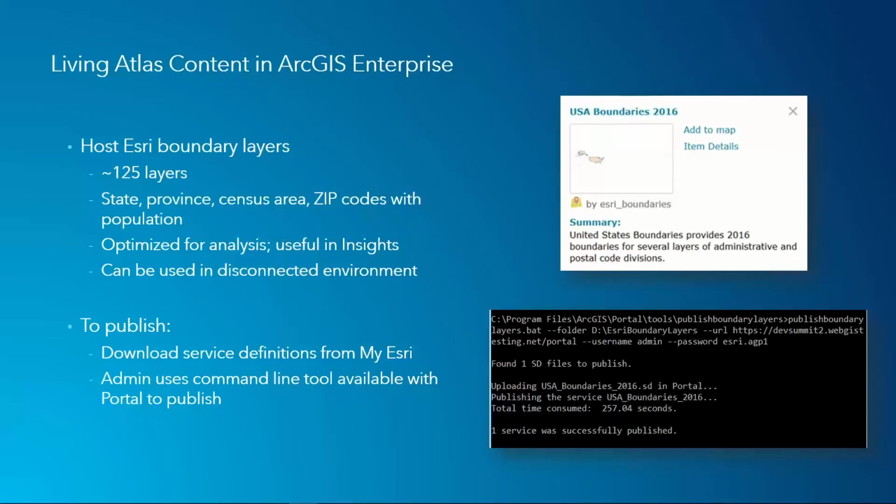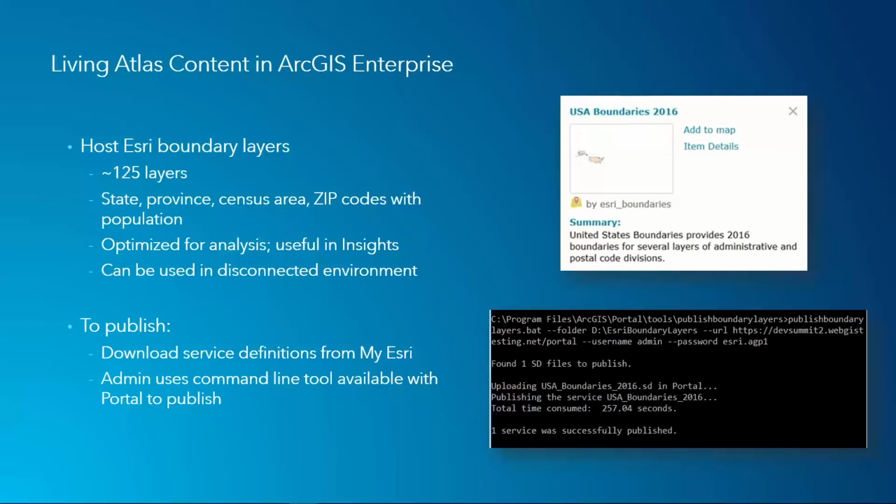This might be useful if you've deployed ArcGIS Insights in your portal. Oftentimes, if you bring in data, it needs to be mapped to those administrative boundaries. This is a way that you have access to those for your Insights users. But because you're publishing them on your own environment, you can be completely disconnected.